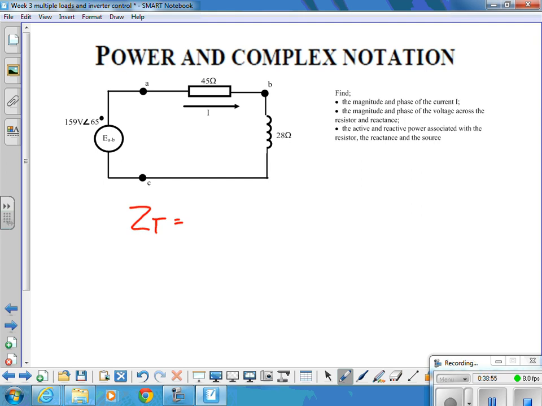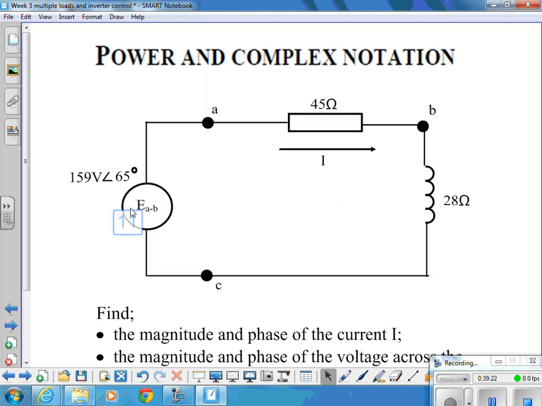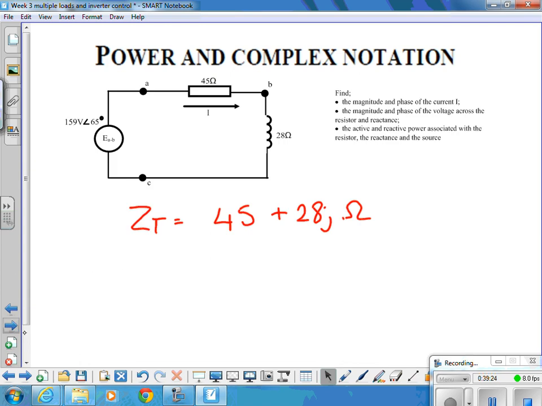Can't just do that, can you? 28, what is it? It's an inductor that's got a phase shift of 90 degrees. So we've got to write it like this: 45 plus 28J ohms. No, the voltage has got a phase shift of 65 degrees.